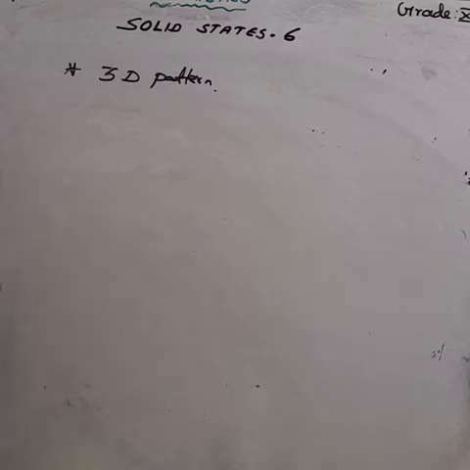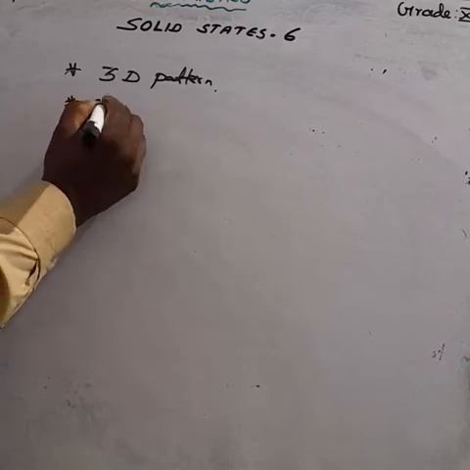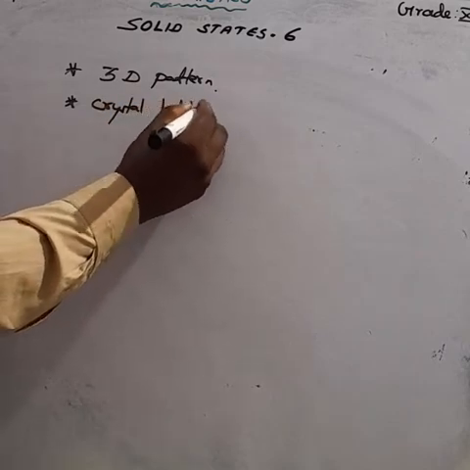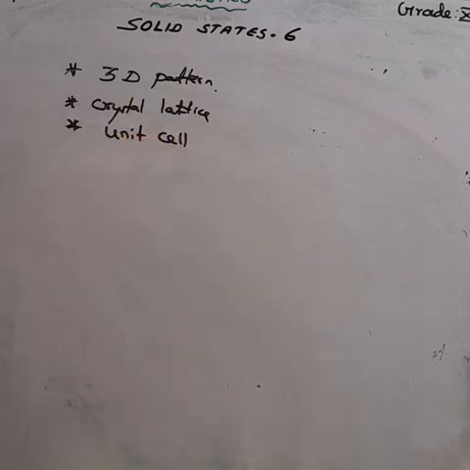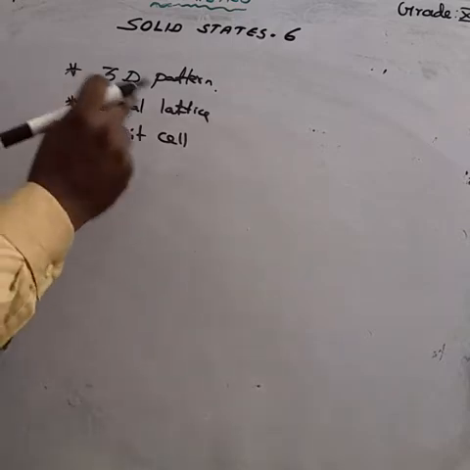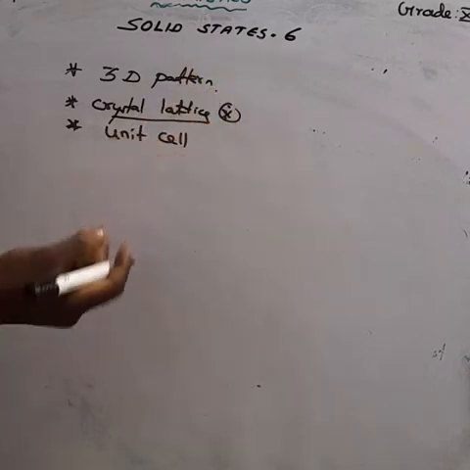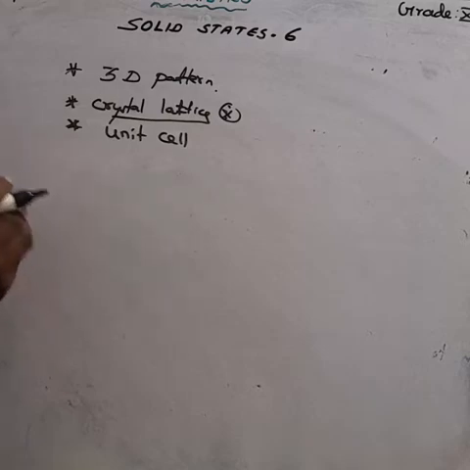Here we are going to learn two important definitions. That is the crystal lattice and the unit cell. What are crystal lattice and what is unit cell? The regular arrangement of these species throughout the crystal is called crystal lattice.